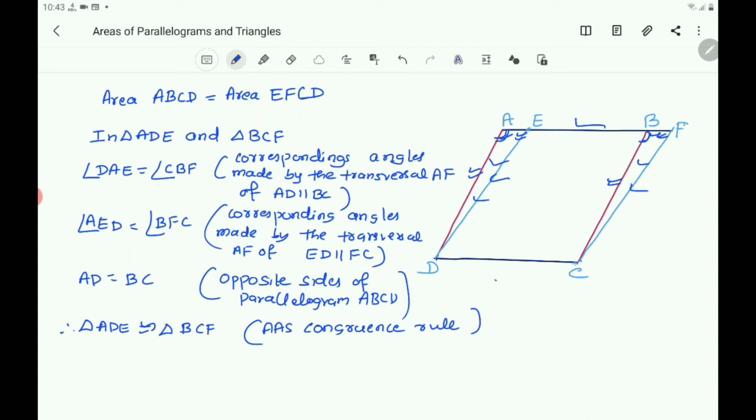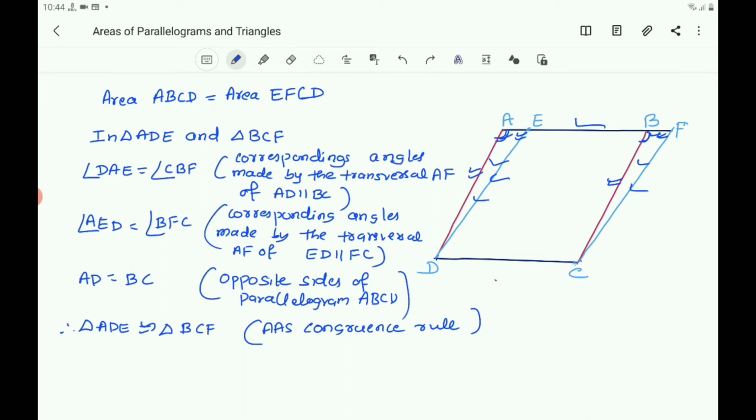Two triangles are congruent if any two pairs of angles are equal and one pair of corresponding sides are equal. Here you proved two pairs of angles are equal and one pair of corresponding sides are equal. So you can write that triangle ADE is congruent to triangle BCF, according to the AAS congruence rule.